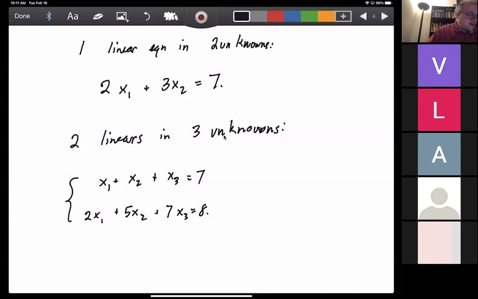If you have an equation like this, there are some conventions. Actually, let me change this first equation a little bit. We can think of a coefficient of 1 as suppressed, so x1 is really 1 times x1, and x2 is really 1 times x2. x3 doesn't appear, so we can think of that as 0 times x3.